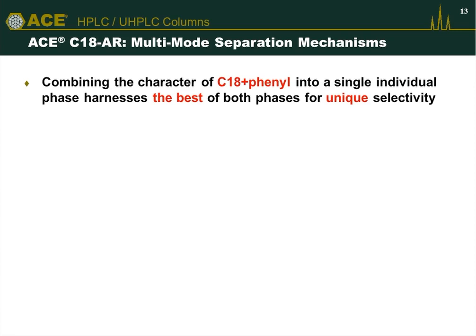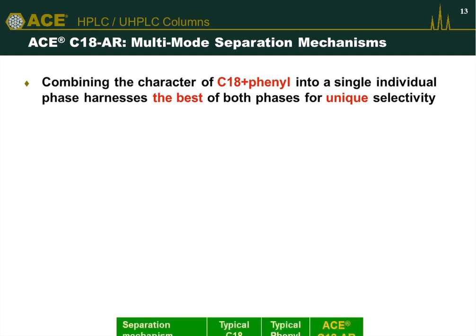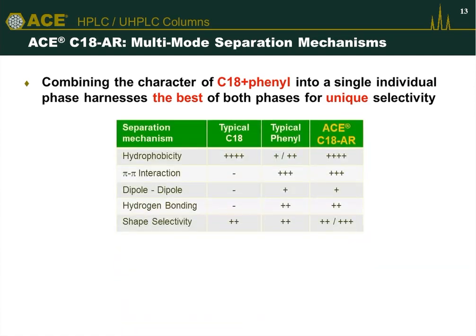This is a published protocol, published a long time ago by a scientist called Tanaka, and it's an established protocol for understanding mechanisms on chromatography stationary phases. So now on the slide you can see that I've highlighted 5 different separation mechanisms: hydrophobicity, pi-pi interactions, dipole-dipole interactions, hydrogen bonding, and shape selectivity.